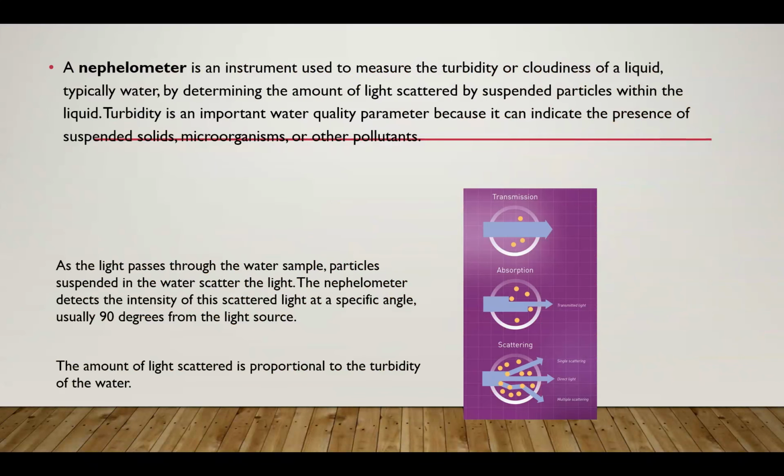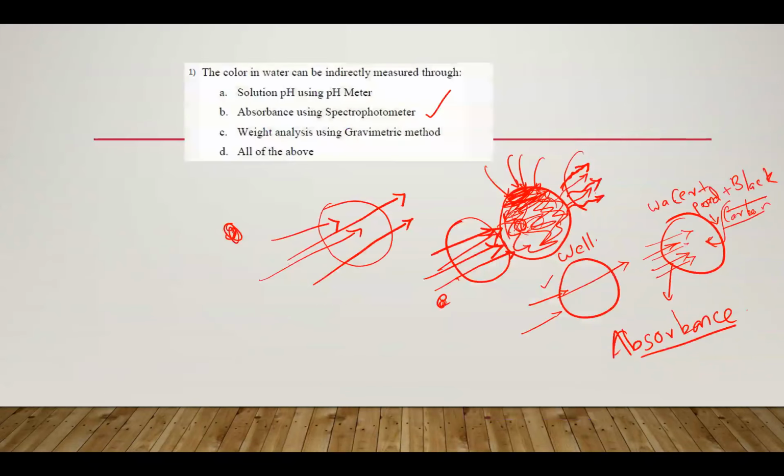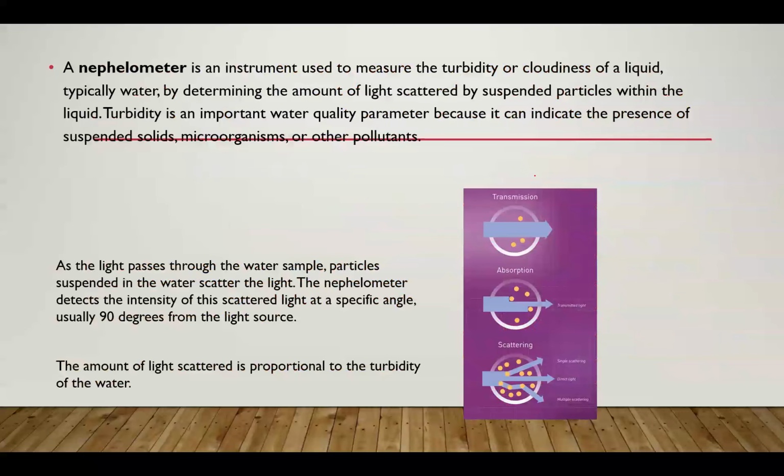Now, what is a nephelometer? Have you heard of it? You know pH and turbidity. What exactly are they measuring: absorbance, transmitted or scattering data? They are taking the scattering data. This is the sample whose turbidity we need to calculate, and the light source passes from here.